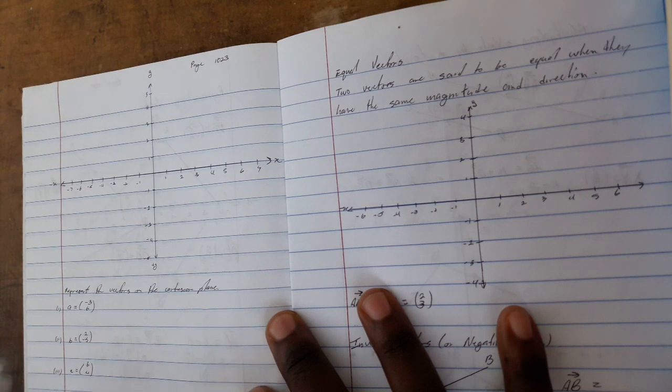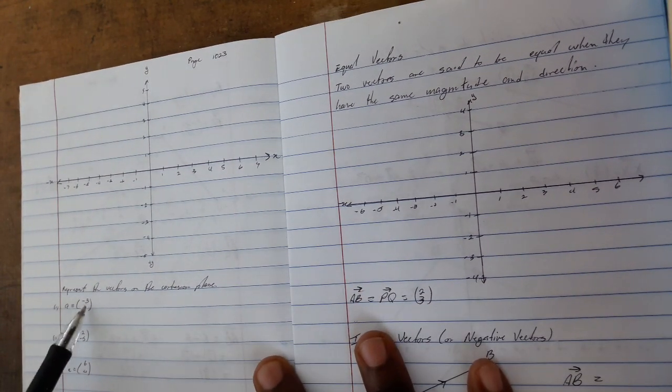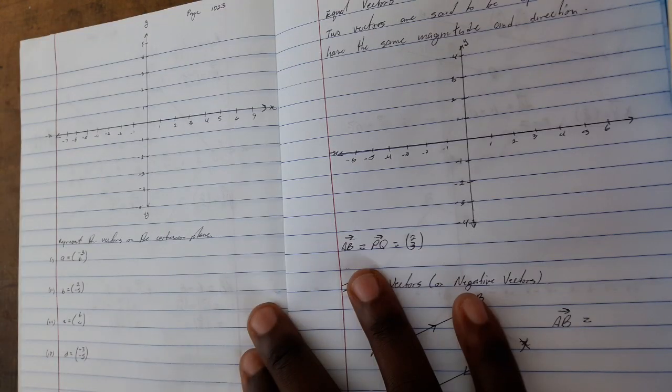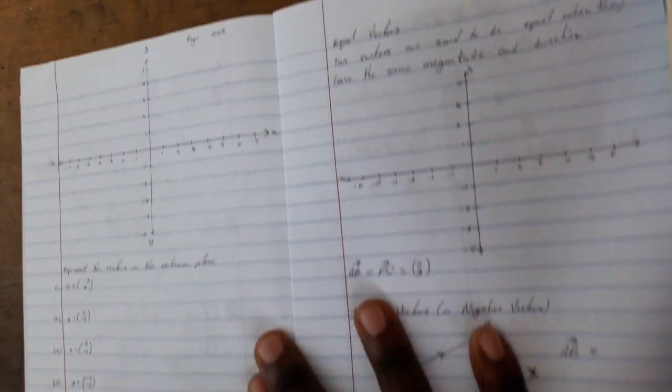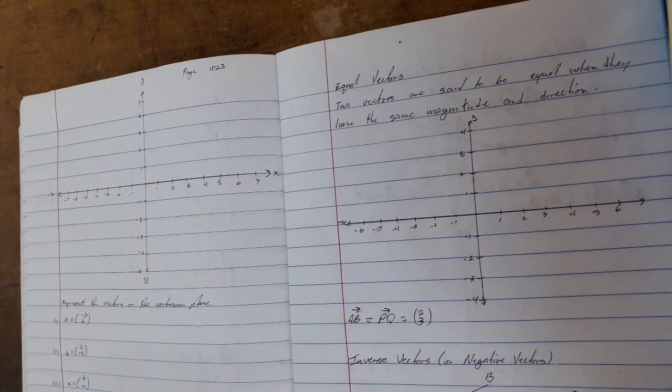Alright, so next thing. If you're given vectors like these, a is equal to -3, 6, b is equal to 5, -5, c is equal to 6, 4, and d is equal to -3 and -5, and you're asked to represent that vector on the Cartesian plane, so you have to draw that vector.